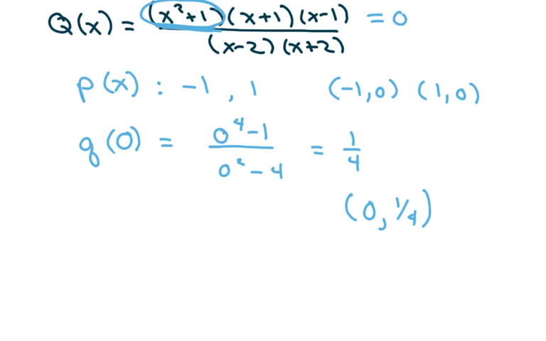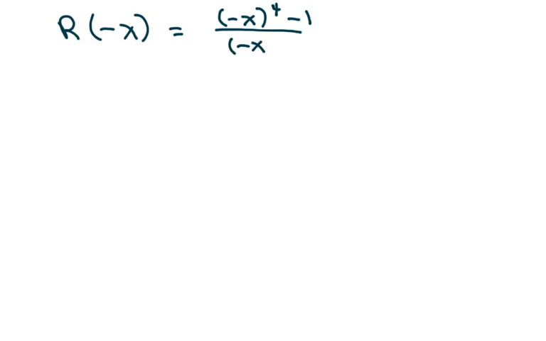Okay? Let's test for symmetry. Remember on that, you just input negative x. So I'm going to use my original, negative x to the 4th minus 1 over negative x squared minus 4. And when you simplify, you get x to the 4th minus 1 over x squared minus 4.